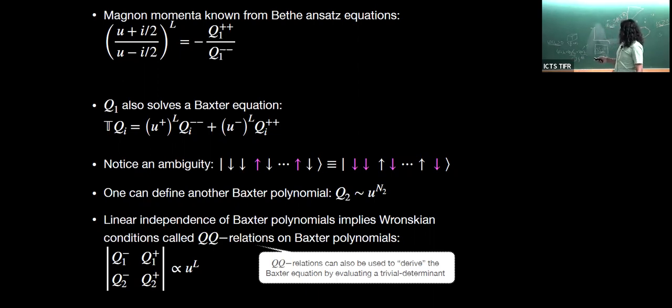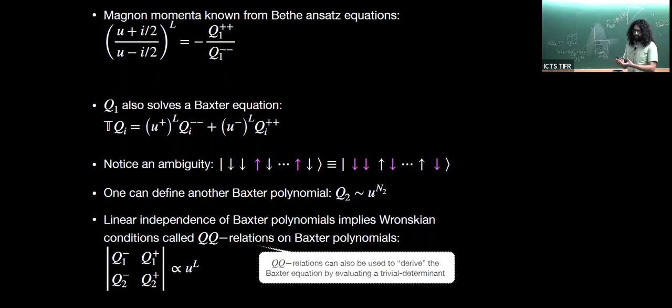Now, this is basically just a quick review of how the Bethe-Ansatz works at one loop for the SU2 spin chain. But the reason why I did this was to tell you about the philosophy which we are going to use. The point is that this Wronskian relation is the simplest example of what is called a QQ relation.